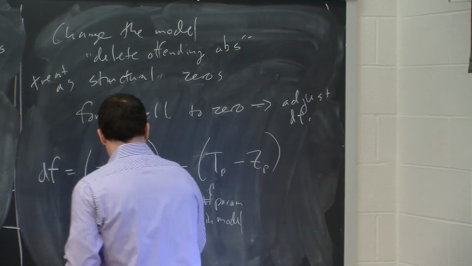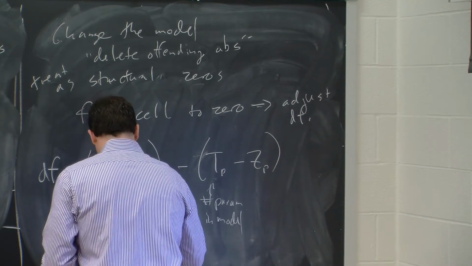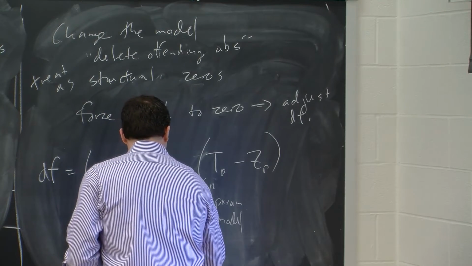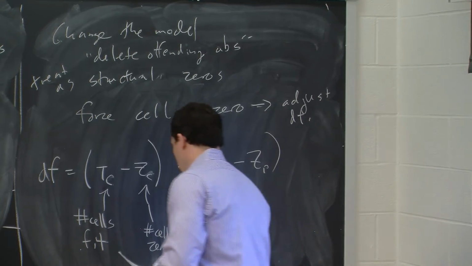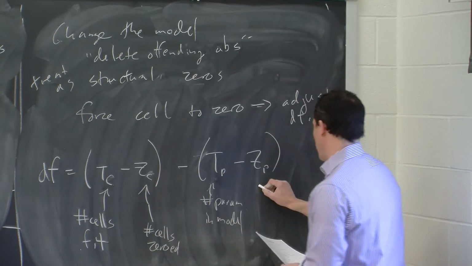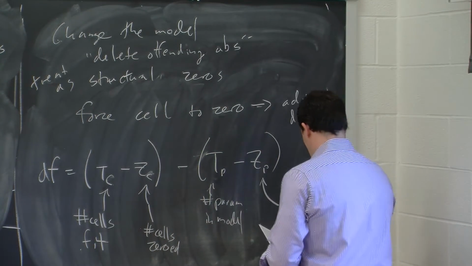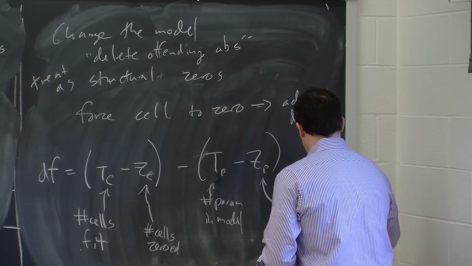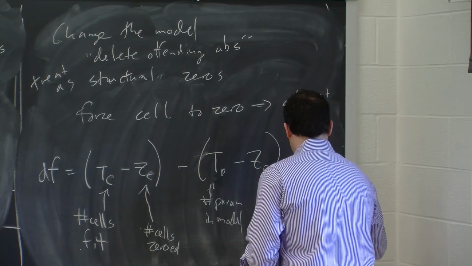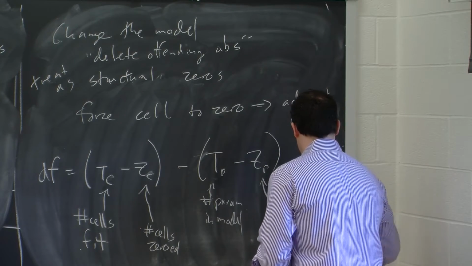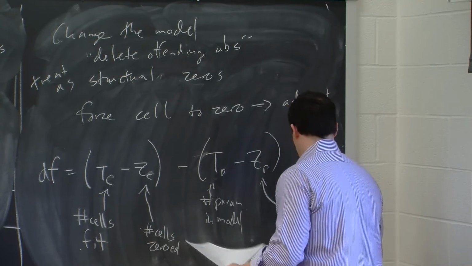If I want to take some zeros that appear and turn them into structural zeros, then from the number of cells we fit we subtract the number of cells we want to treat as structural zeros, and we also subtract the number of parameters we can no longer estimate because of the zeros, which may not be exactly equal to this.